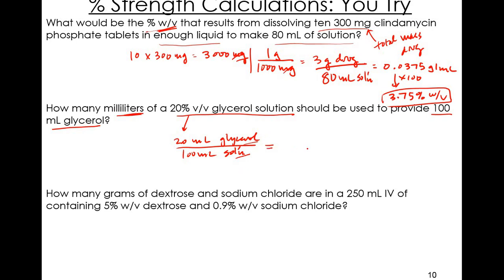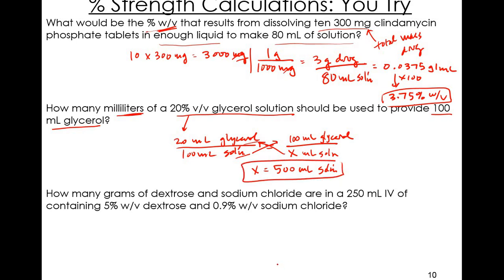And we are interested in knowing how many mils of solution, the 20% solution, should be used to provide 100 mils of the active ingredient glycerol. So crossing and multiplying and dividing both sides by 20 should give you an answer of 500 milliliters of the solution to get 100 milliliters of glycerol.